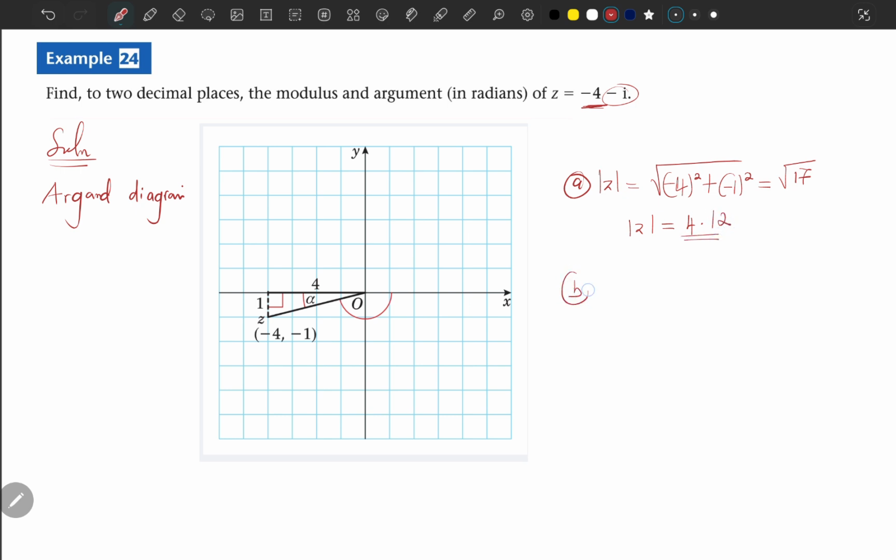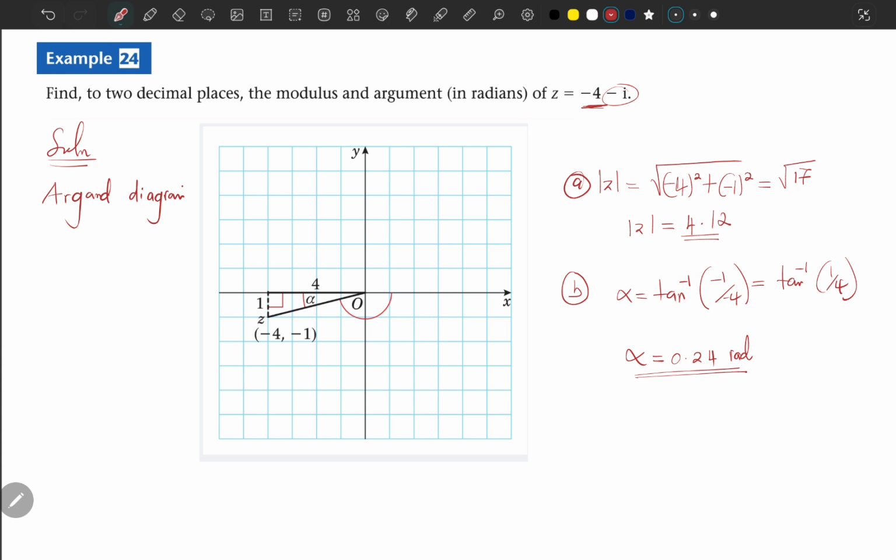But if we are looking for the argument, it will be tan inverse of, now remember that all these are negative, so it will be -1 over -4, and this will give us tan inverse of 1 over 4. And because of that, our reference angle, and this is in radians, I'm getting 0.24. Yeah, 0.24. So this is in radians.